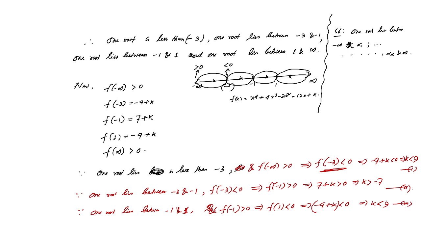This is 3. So from 1, 2 and 3, we get -7 less than k less than 9. These are the values of k for which all roots are real and distinct.